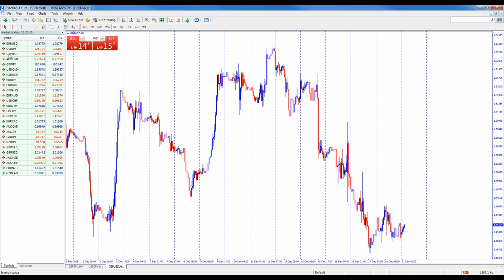The Australian dollar, the Canadian dollar for Canada, the New Zealand dollar, and CHF is the Swiss franc. Those are their currencies.